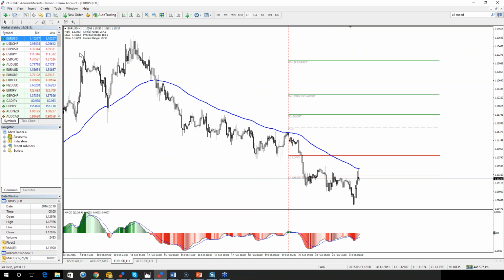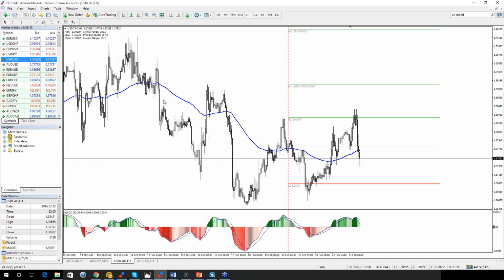Okay, for example, the dollar CAD trade. If you remember, I told you to go short at 38.85, right? And we saw some good setups very close to our level.